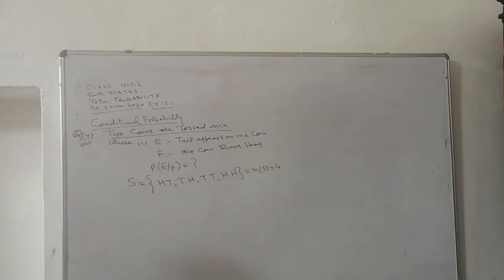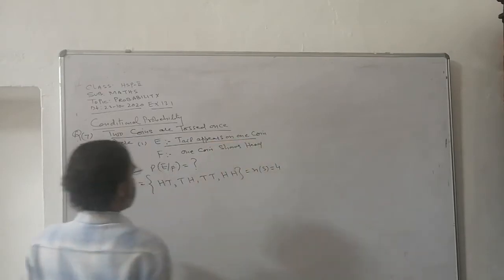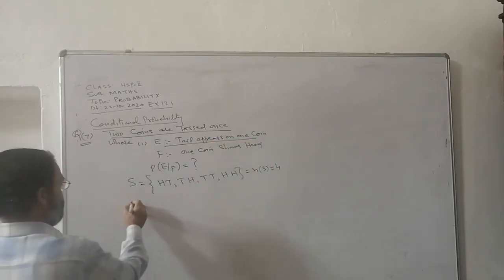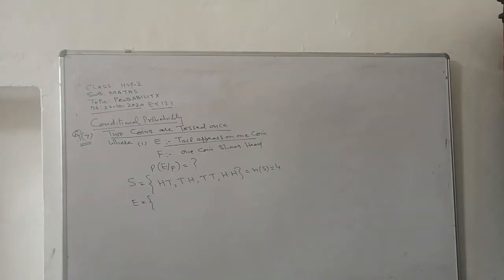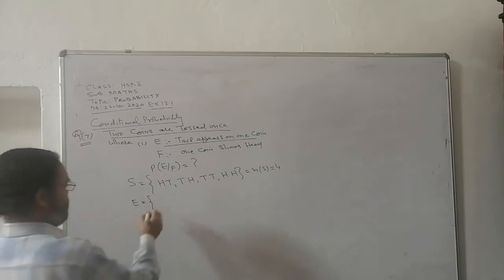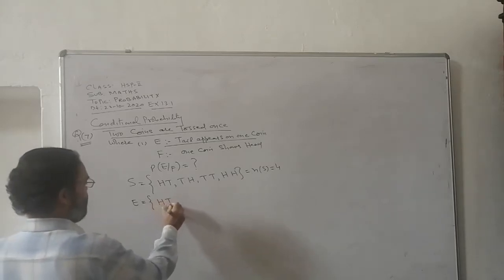Now event E, according to the question, is tail appears on one coin. Tail should appear on one coin, so that is a favorable point.